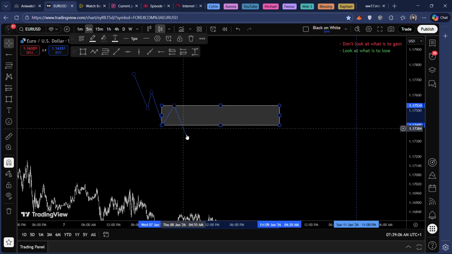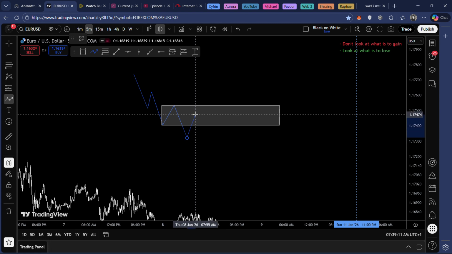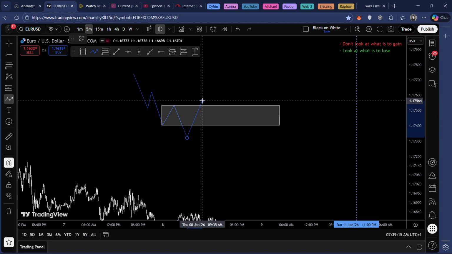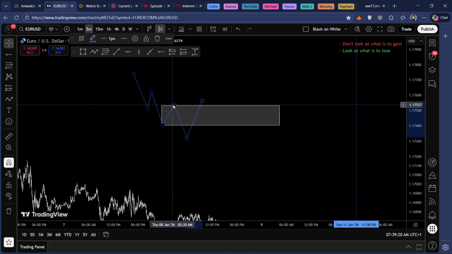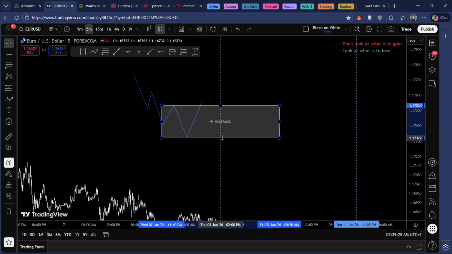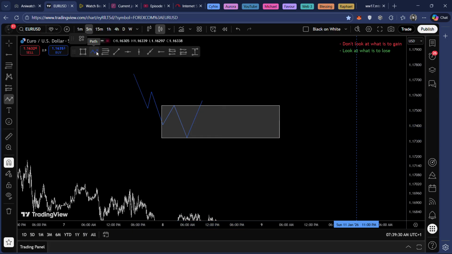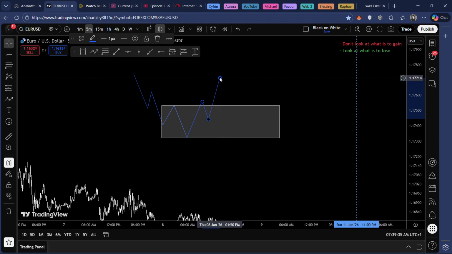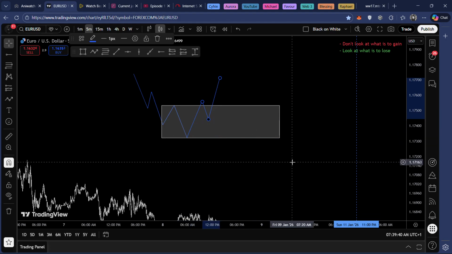When price enters this order block and it fails, then we know we have a breaker block, which is from this high, and we extend it to the low that started the whole thing. So now this is our breaker block. All we expect now is for price to come down here. Now we have an order block here. I believe you understand the whole thing.